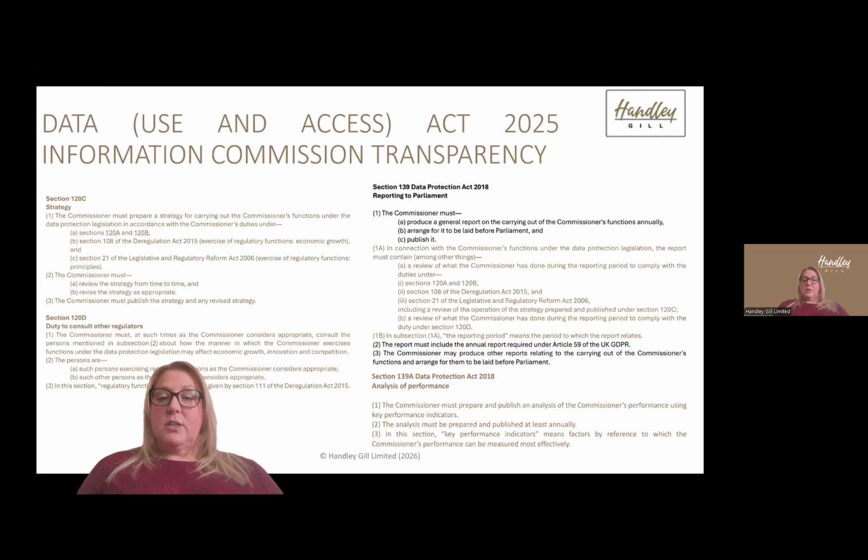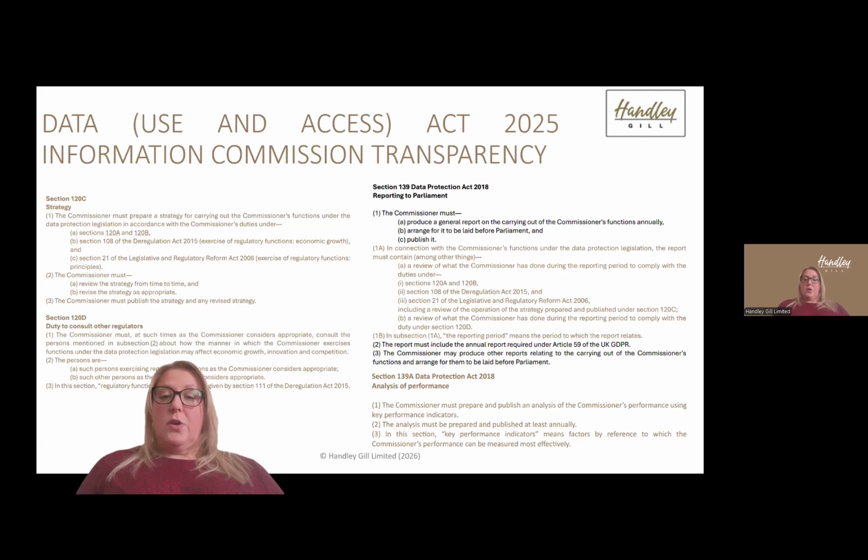And then in connection, a change to Section 139 of the Data Protection Act 2018 is introduced at a new subsection 1A. In connection with the Commissioner's functions under the data protection legislation, the annual report must contain a review of what they've done within the relevant period to comply with various duties.